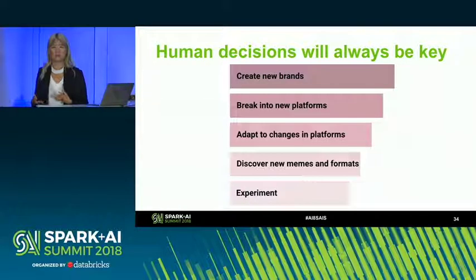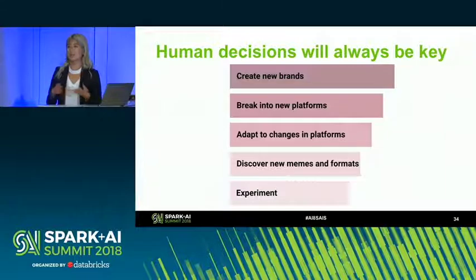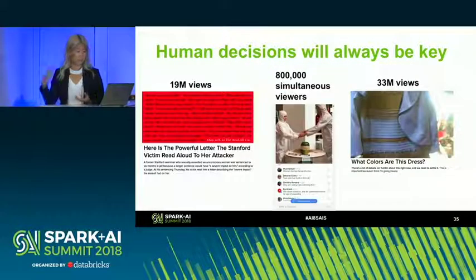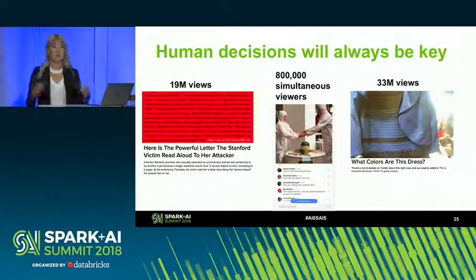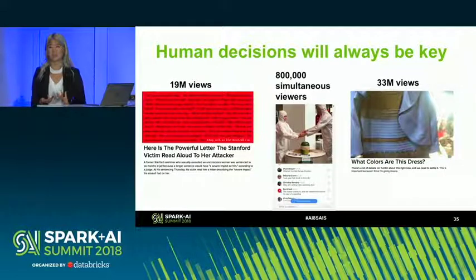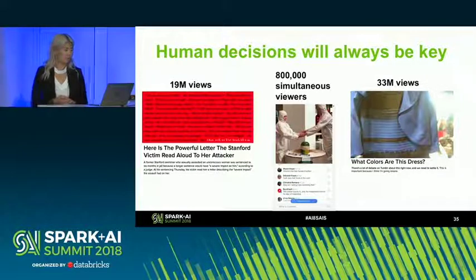It'll be harder for an AI to discover new formats and memes, create new brands, or break out into new platforms. So the experimentation piece done by humans is still very essential. And here are just some examples of mega hits from BuzzFeed from all time that came about from human experimentation that an AI wouldn't be so capable of discovering on its own.